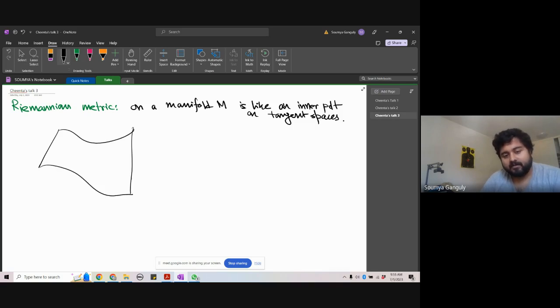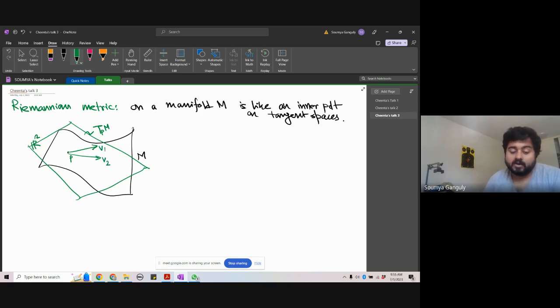So suppose you have a manifold M, and at every point you have a tangent space. You have a tangent space here. It's a 2-dimensional real manifold, so the tangent space looks like R2. If you call this point P, then this is T_P M. Now you have different tangent vectors here. Suppose you have one vector here and one vector here, V1 and V2.